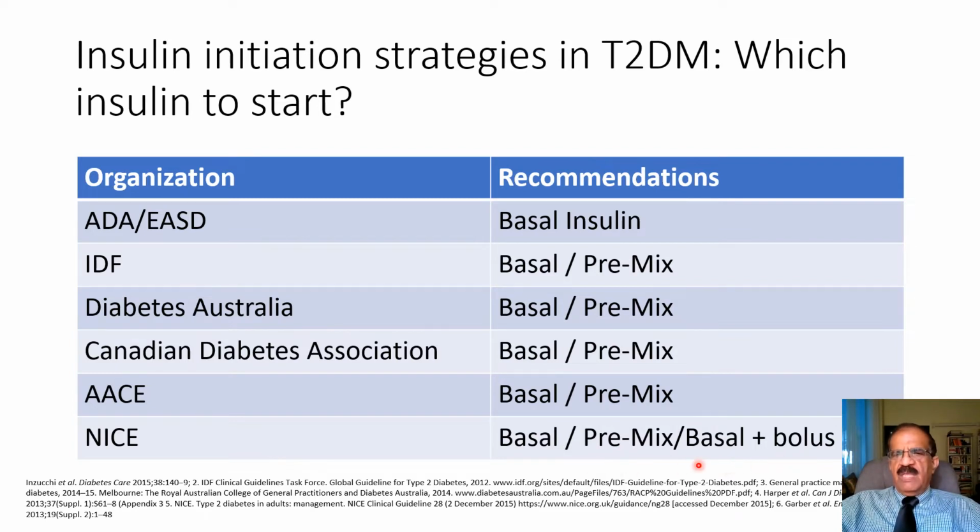These are three regimens, and either one is acceptable. Basal bolus means that you give one basal once a day, and then depending on the number of meals the patient takes, we give additional boluses of short acting or rapid acting insulin with meals. So if the patient eats twice a day, there will be 2 boluses, and if the patient eats 3 times a day, then there will be 3 boluses.